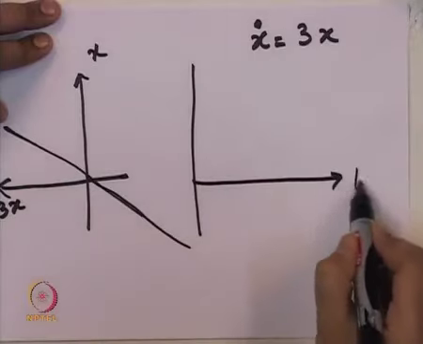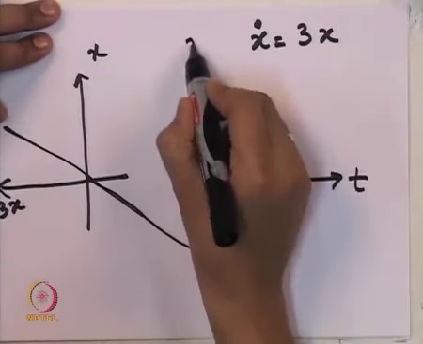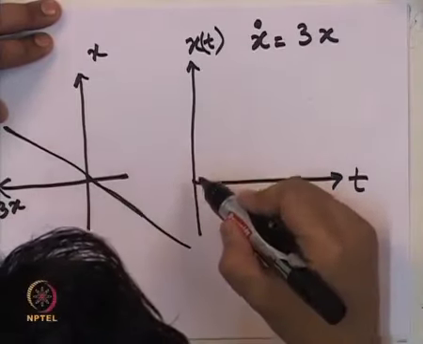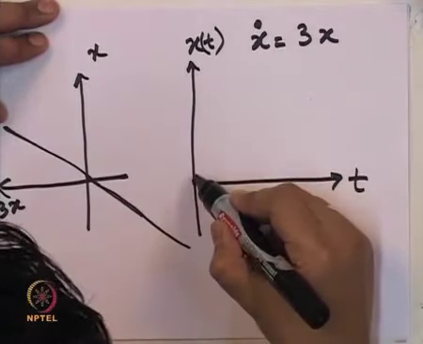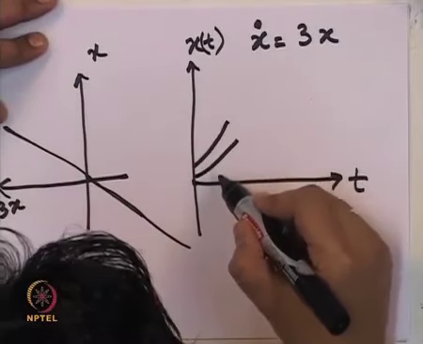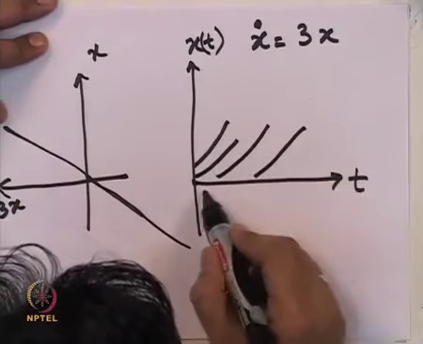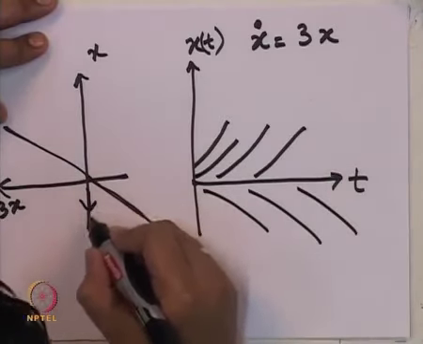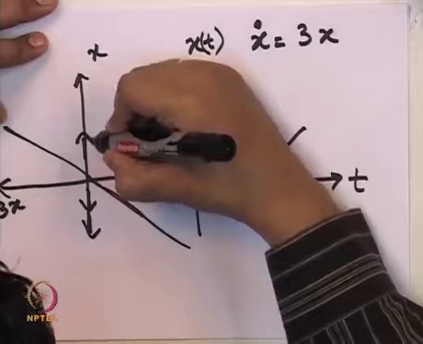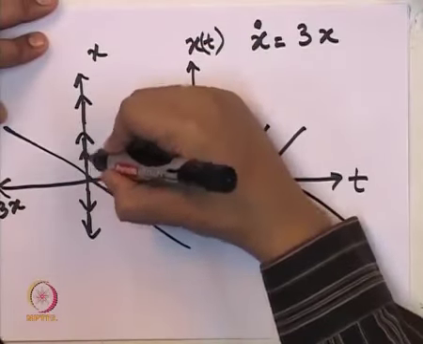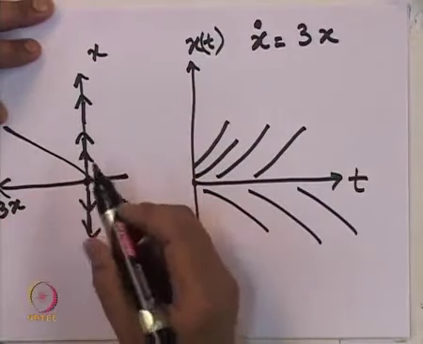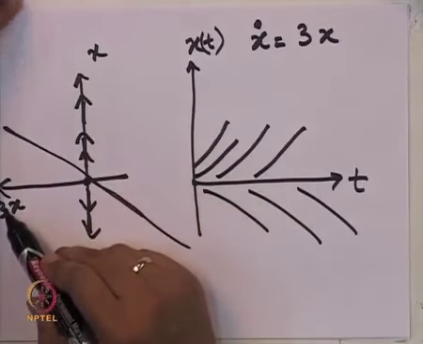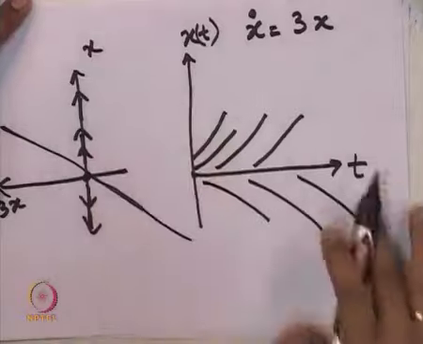On the other hand, here is a graph of x versus time. So, we see that all trajectories are going to go away. This we are able to see because we can draw the arrows here of this function 3x versus x.